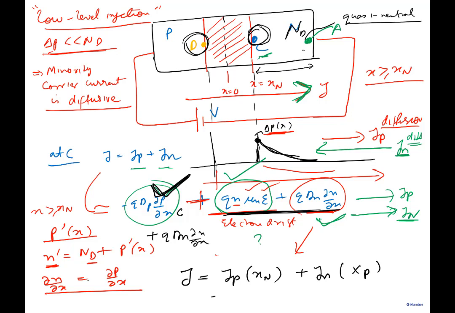And these are diffusive currents: minus Q Dp del P by del X plus Q Dn del N by del X. Correct?